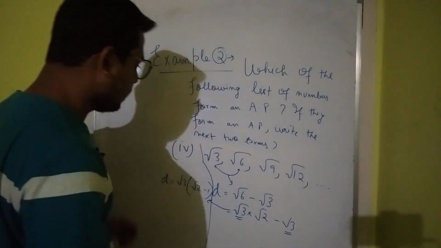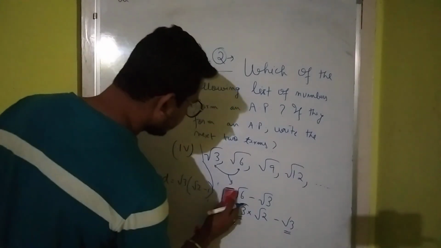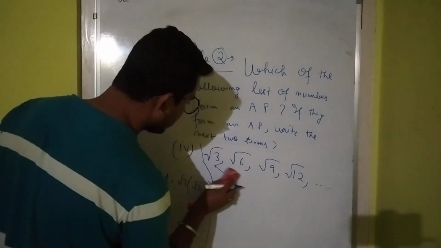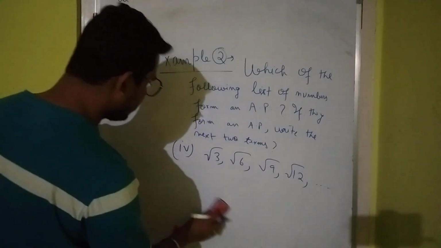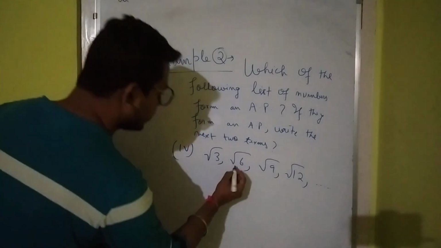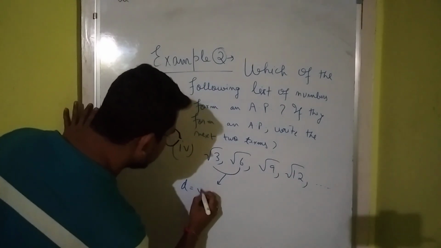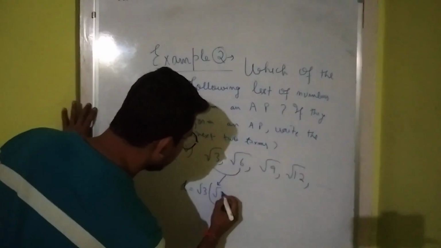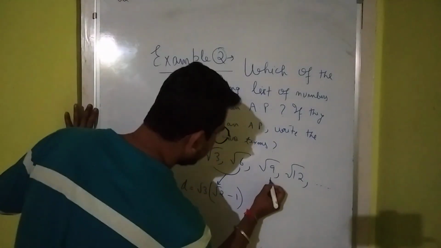Okay? सो इन दोनों का कॉमन डिफरेंस निकल गया, दैट इज √3 इंटू √2 माइनस 1. इन दोनों का कितना होगा?